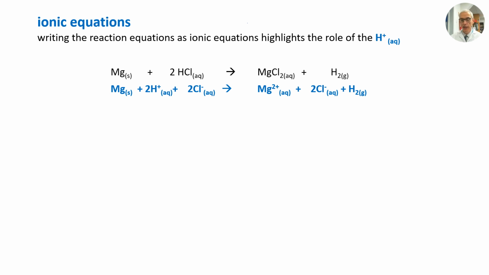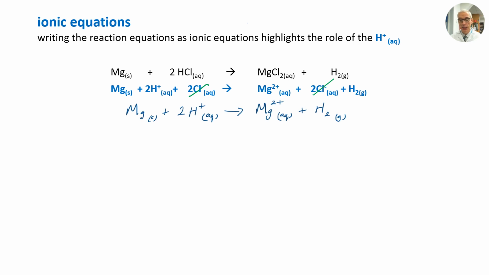Now you'll see that we have chloride ions on the left and the right hand side. So chloride ions in effect do not change. They're known as spectator ions. So we're going to remove them from our overall ionic equation.